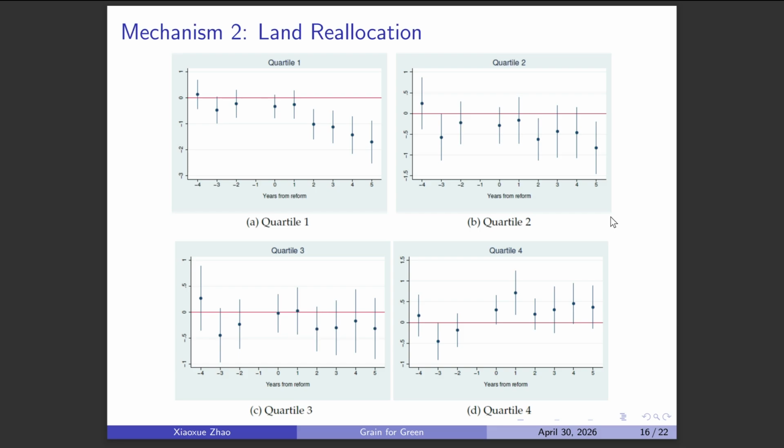Interestingly, we find that the land reduction effects of the program are predominantly concentrated among households with really low marginal returns from land. Households with high marginal returns on land actually experience a mild increase in their land holding. All these results are highly consistent with the program significantly improving cross-household land allocation efficiency within the affected villages.